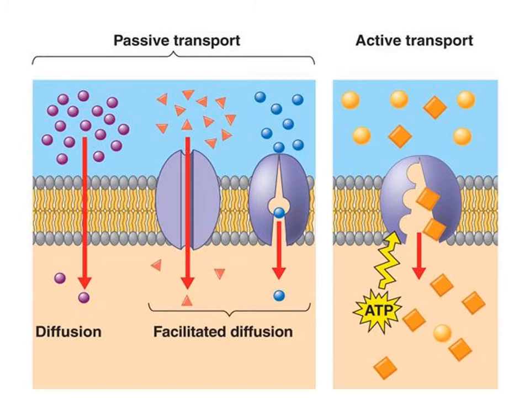Facilitated diffusion, that would be, say, insulin required as a hormone to attach to a protein channel that will then allow glucose to come through the channel. So that could be a gated facilitated diffusion. But again, no energy used for facilitated diffusion.